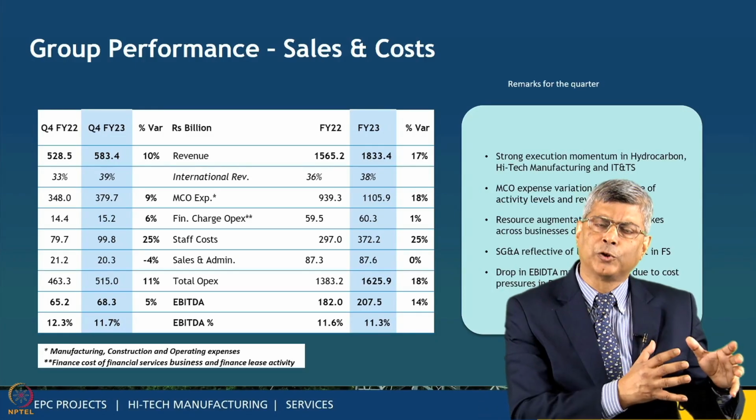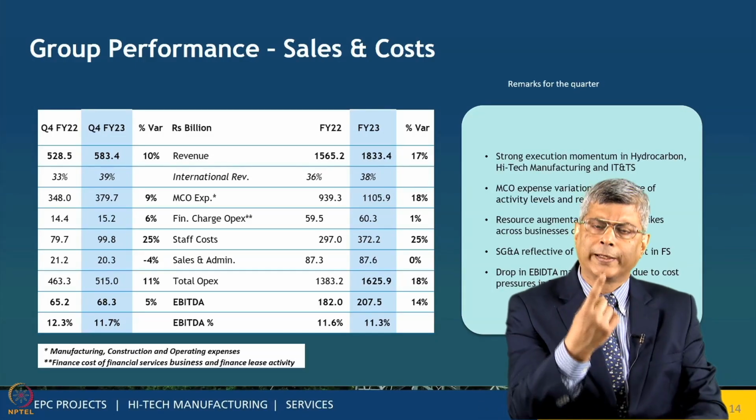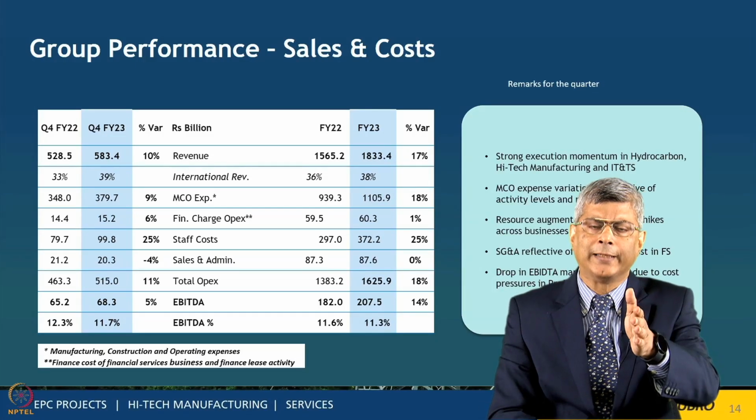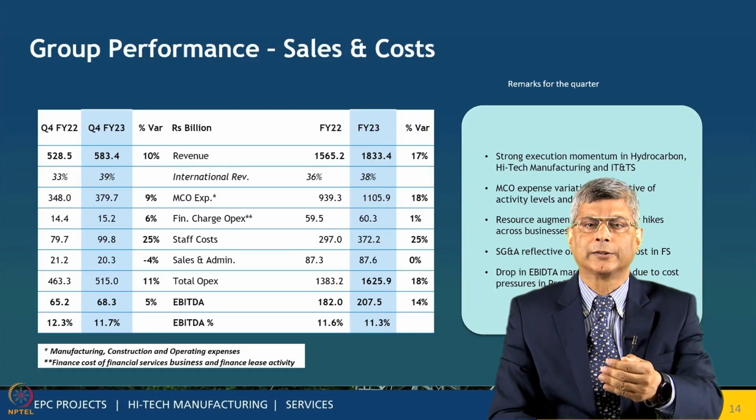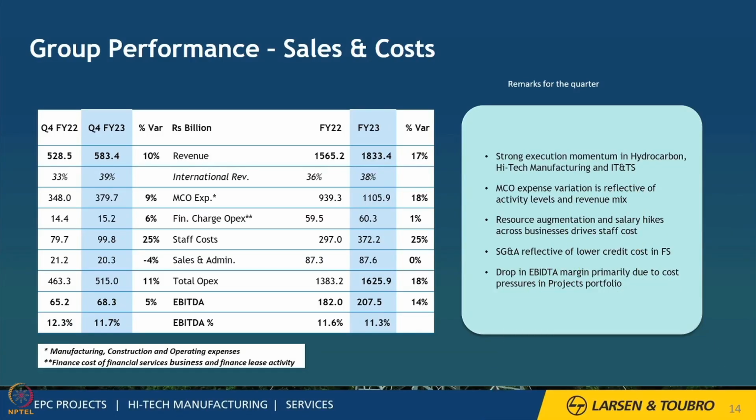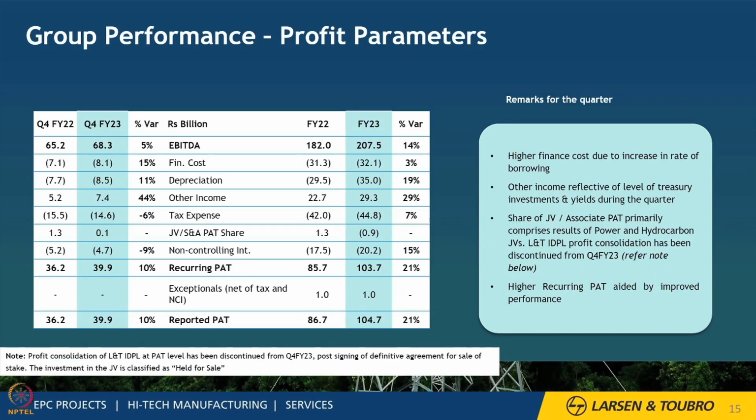So I gave you the example so far of a very simple case of 1 cup of tea. And here is a giant company reporting its sales to these investors. And then there are more details on the same profit parameters.